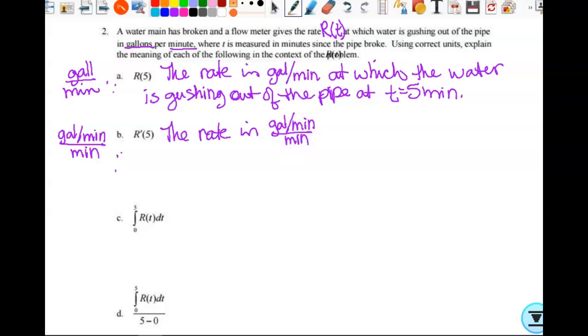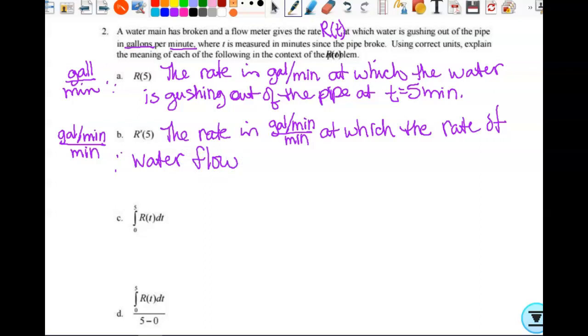The rate in gallons per minute at which the rate of water, I will use flowing this time, flowing out of the pipe is changing.